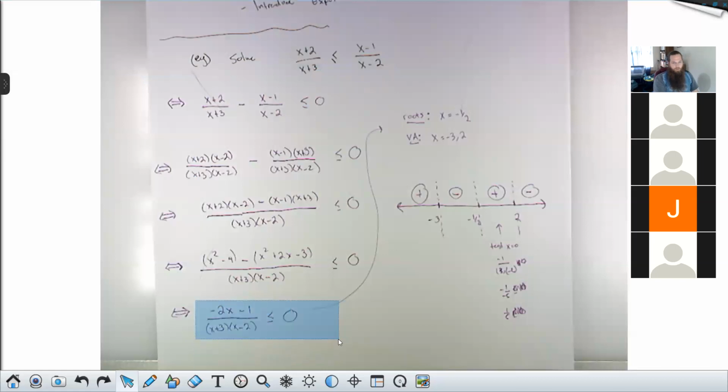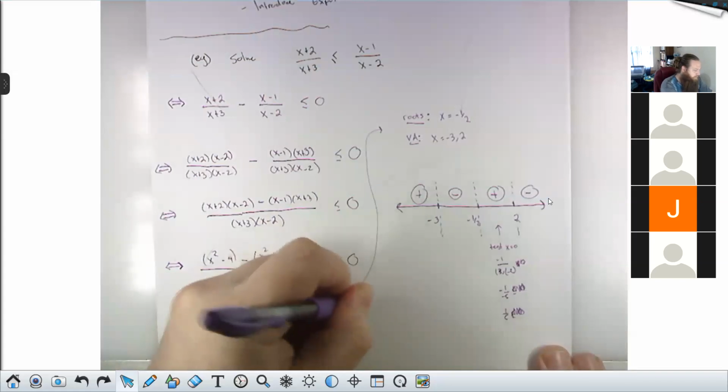This last inequality is true provided this thing is less than or equal to 0. And this number line gives me the sign of this function. So less than or equal to 0, that means I'm looking for the minus regions.